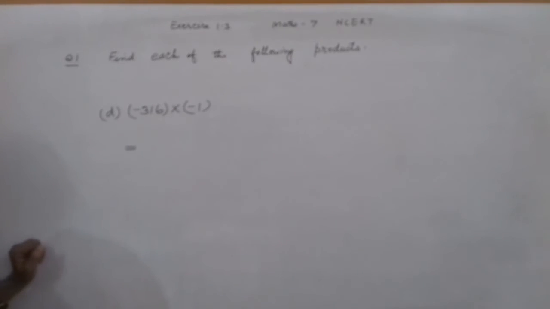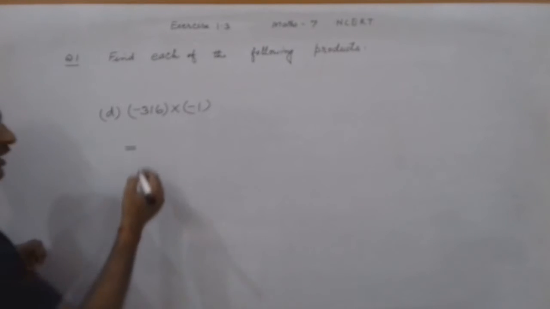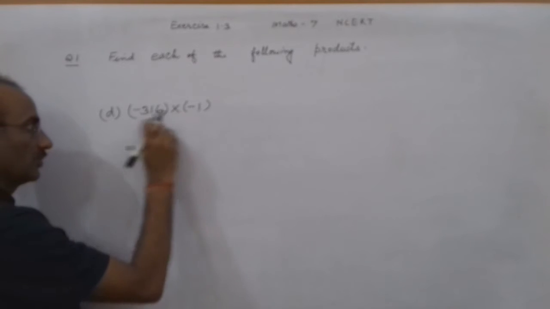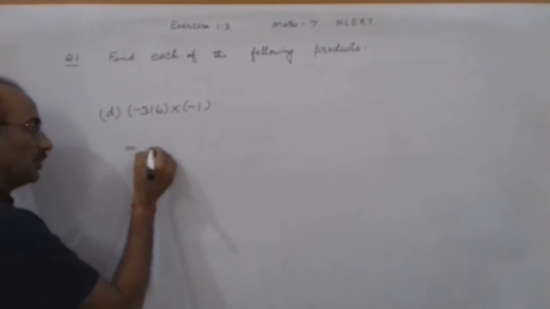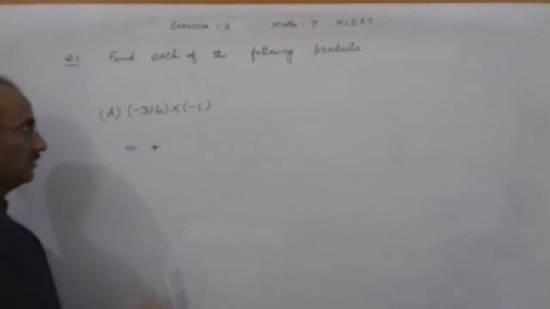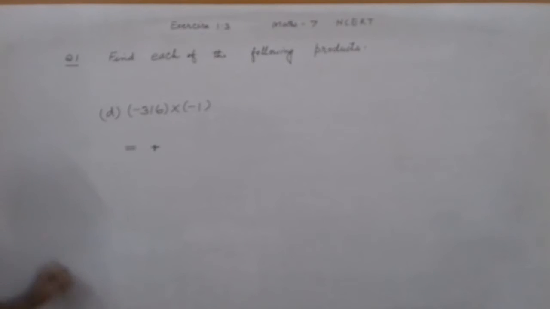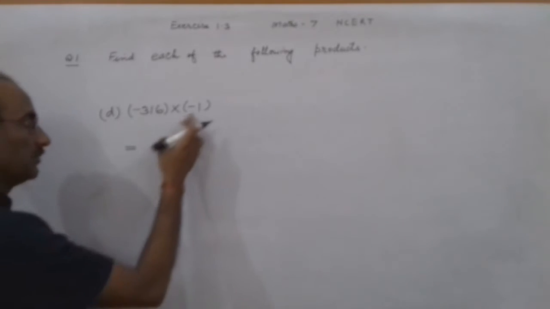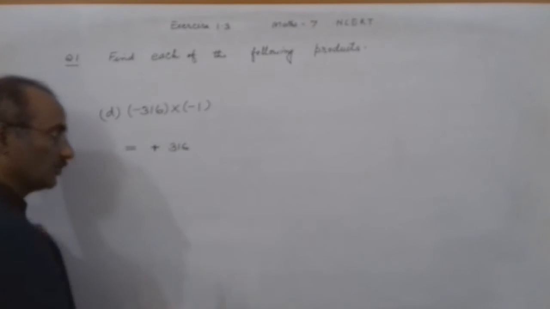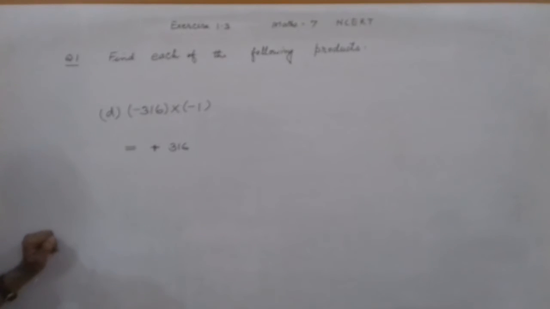The product of two negative integers is always a positive integer. So we put a plus sign here and then we multiply 316 with 1. When 316 is multiplied with 1, we get back the same number. So our answer is plus 316.